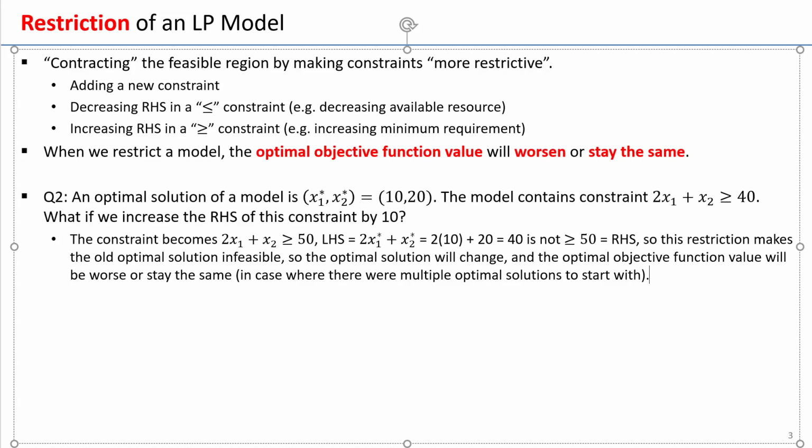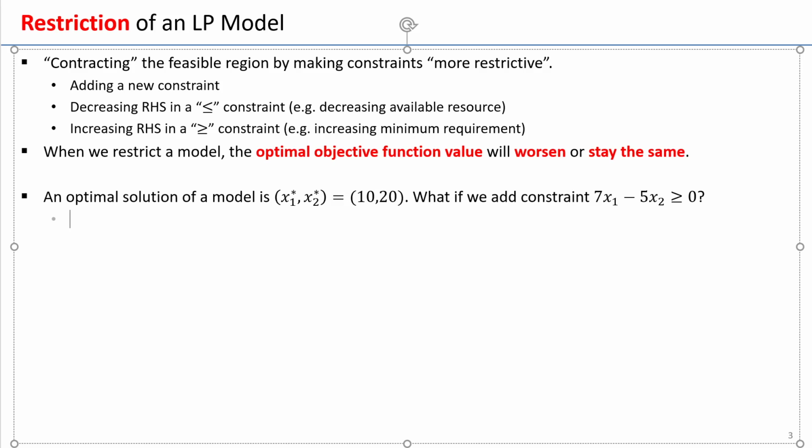It could stay the same if this solution becomes infeasible, but if we had multiple optimal solutions, maybe there's another optimal solution of the original model that is still feasible for this new constraint, and we could choose it. In that case, the optimal objective function value would not become worse, it would stay the same, but the optimal solution certainly will change.